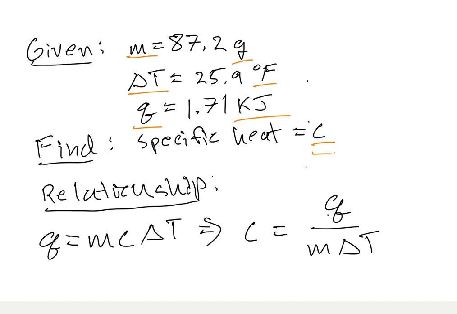So what we need then is a relationship. In order to solve this problem, we need a relationship that relates all of these given values with the desired value, the value we need to find.